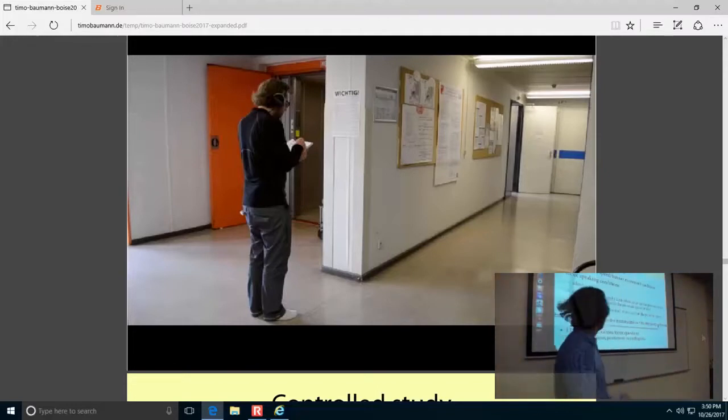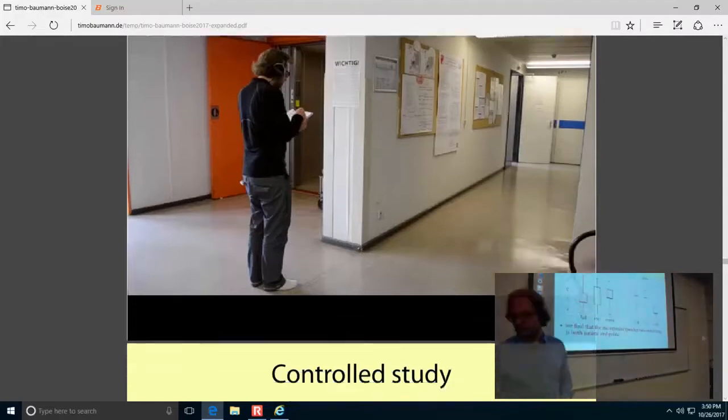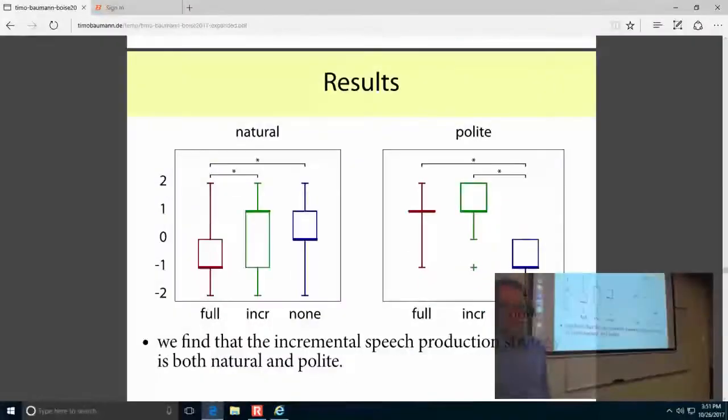Whether people would prefer the speed of the robot that was silent, maybe. Turns out there was no effect on that. It was just a control condition. But we did find results for naturalness and politeness. In particular, a robot that is incremental or doesn't speak is natural.